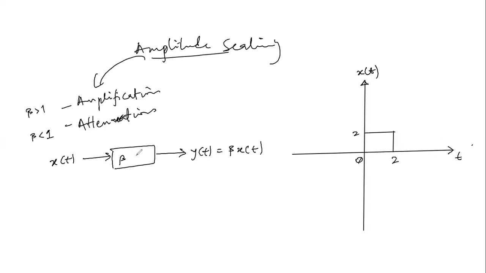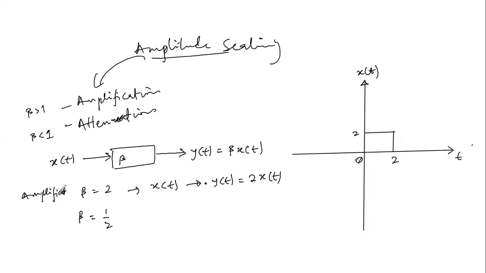So let's say beta is the same as 2, and then beta is the same as 1/2. So S of t is going to get into a system such that y of t will give us 2 S of t.